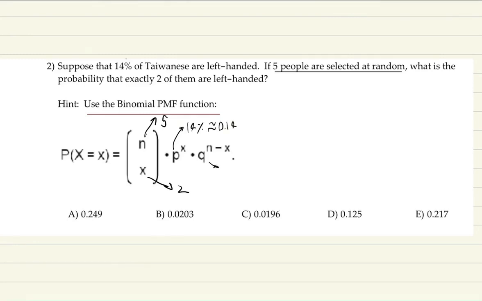And q, which is failure or right-handed in this case, is 1 minus 0.14, equal to 0.86.